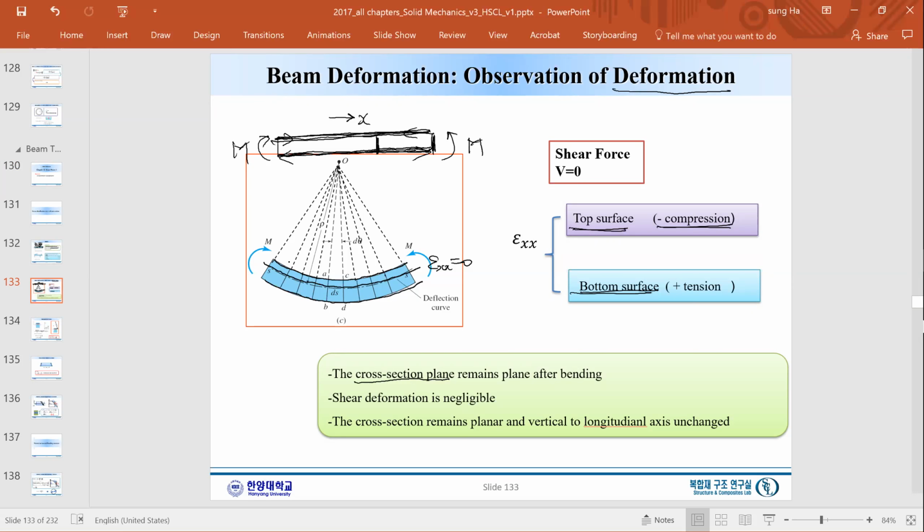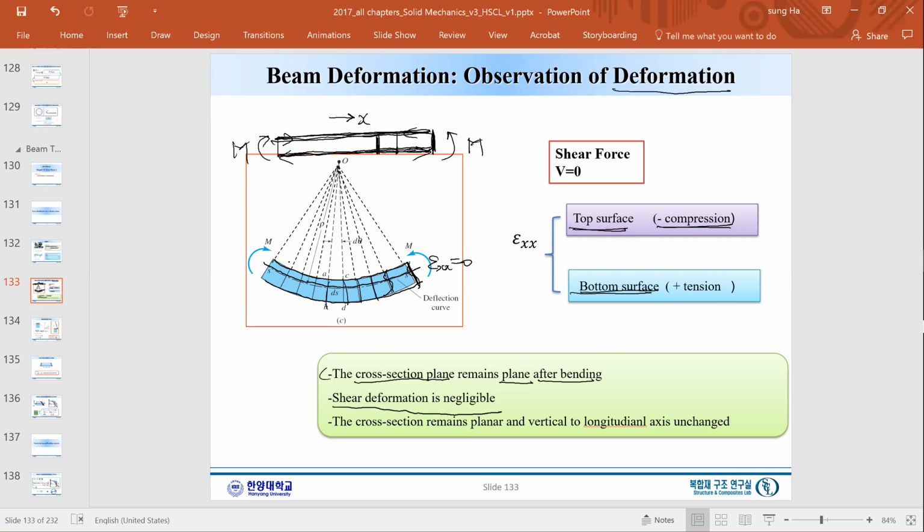The cross section remains plane even after bending, which means that this section will remain plane after bending. So this one does not bend like that. All the straight, the plane remains plane, and shear deformation is negligible.